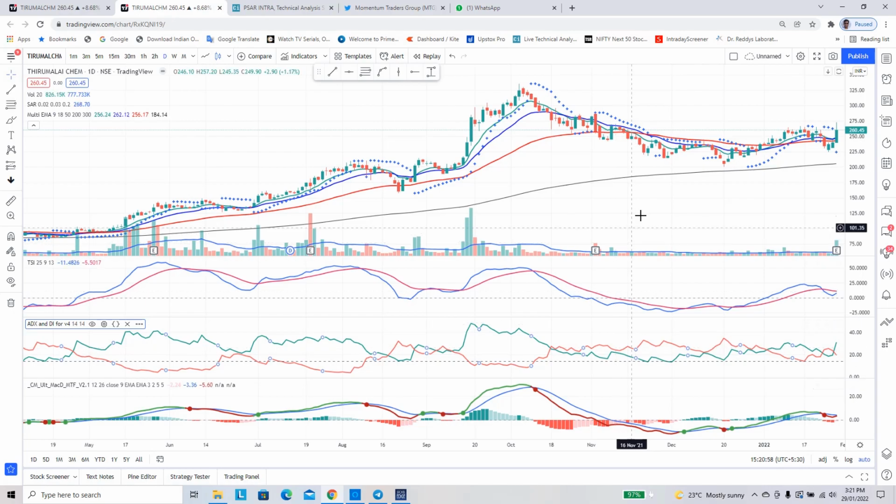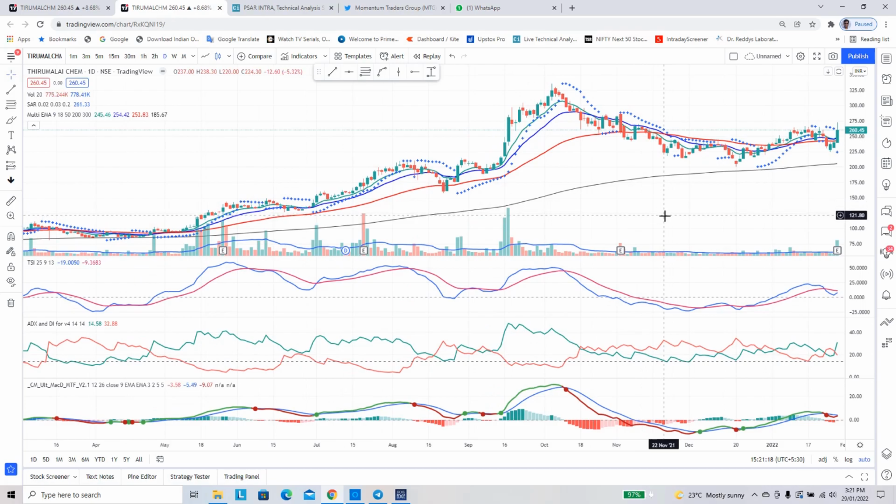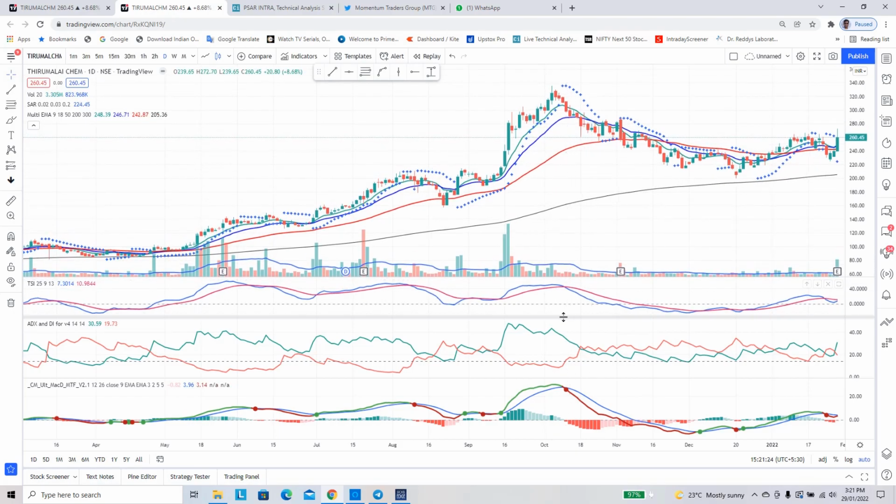In coming videos I will make some more videos and explain the strategy of when to buy and when to sell. In this video we will not discuss those, or else this video will become very long. So just to make it short, this is how the indicators you need to plot on TradingView.